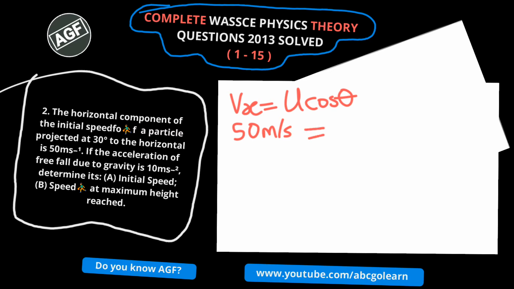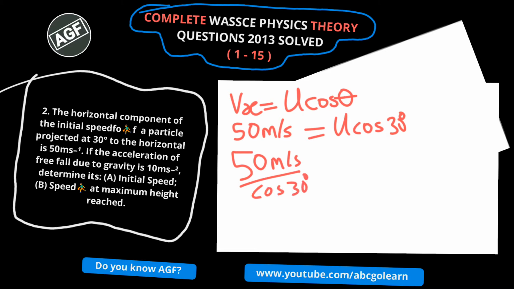Now, we are told to look for u. Option A is based on the initial speed, so we'll leave that as u cos 30 degrees. To solve this, just write 50 meters per second and divide all through by cos 30 degrees. This would give you the initial speed.